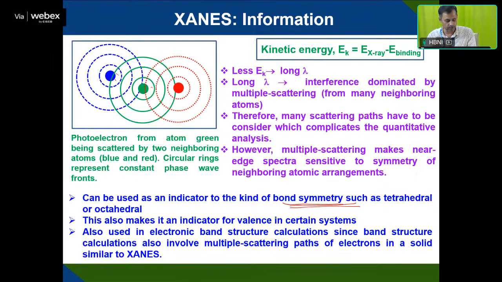It is also an indicator for the valency of a certain system, and can also be used in electronic band structure calculation. Because of multiple scattering involvement, you can also refine and get the band structure by using this X-ray spectroscopy.